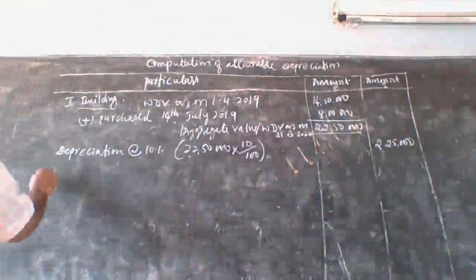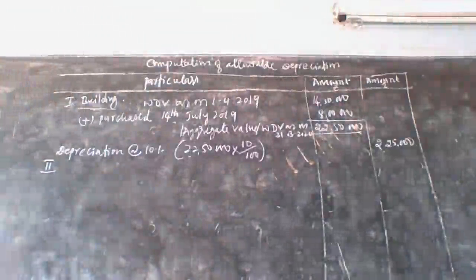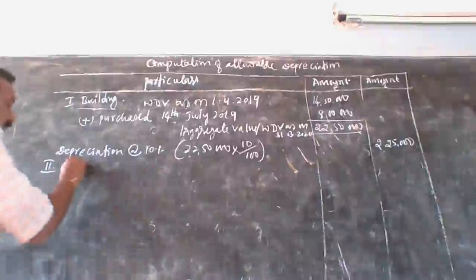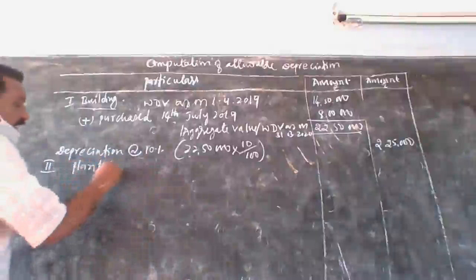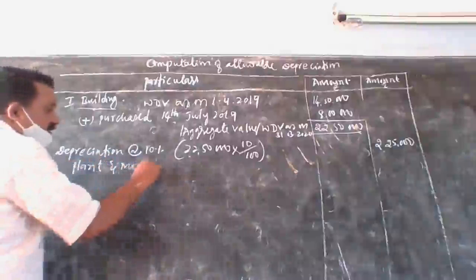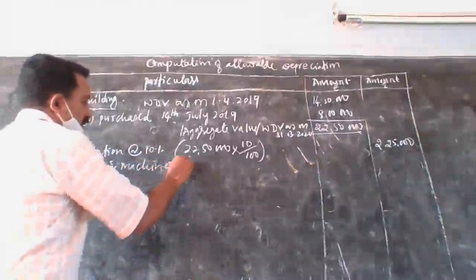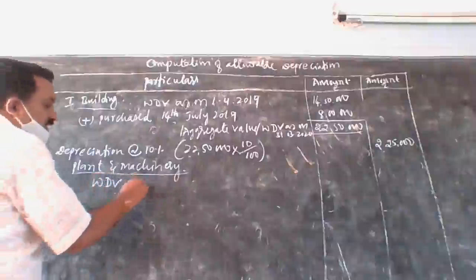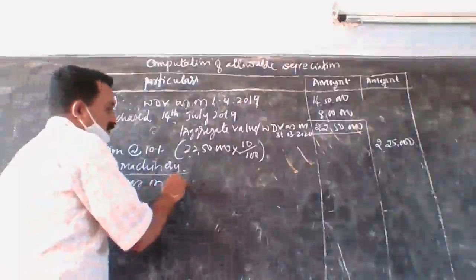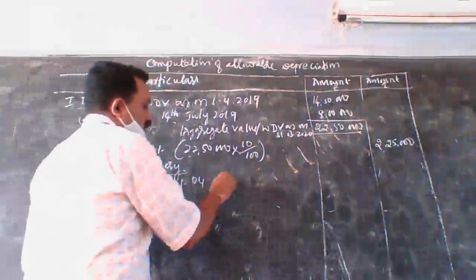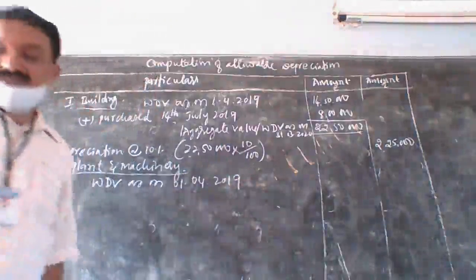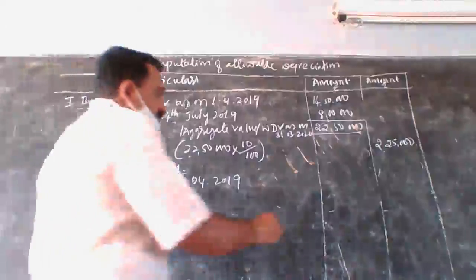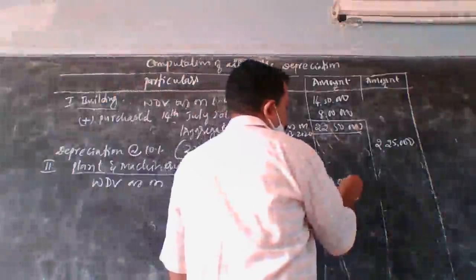Next, second block of asset: plant and machinery. WDV as on 1st April 2019 is 10 lakh.